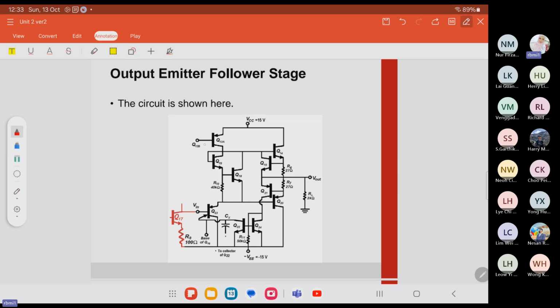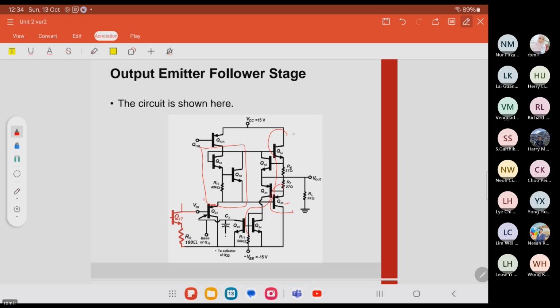This is what we call the class AB operational amplifier. Rather than using a two-diode network to bias the output transistors Q14 and Q20.